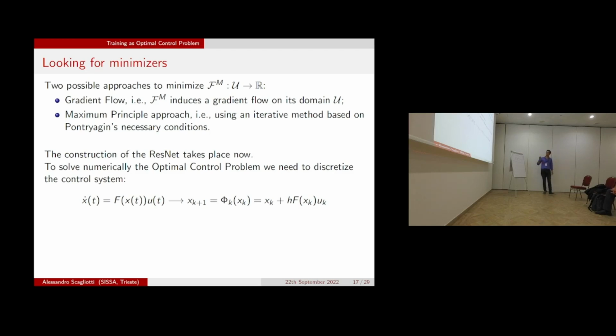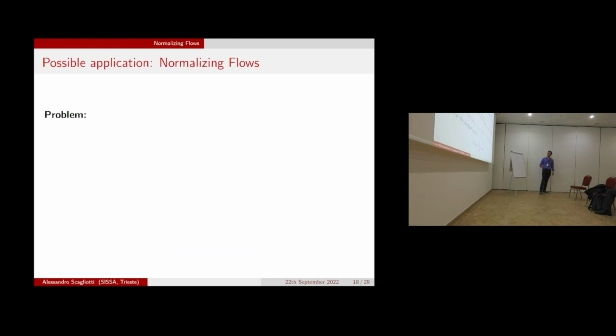Because if you want to discretize this problem to solve it numerically, you have to discretize the control system, and whenever you discretize your control system, for instance with the explicit Euler scheme, you end up exactly with the ResNet. And hence solving the optimal control problem is perfectly equivalent to training the ResNet. Okay, so yes, here I use the average notation for the linear control systems.